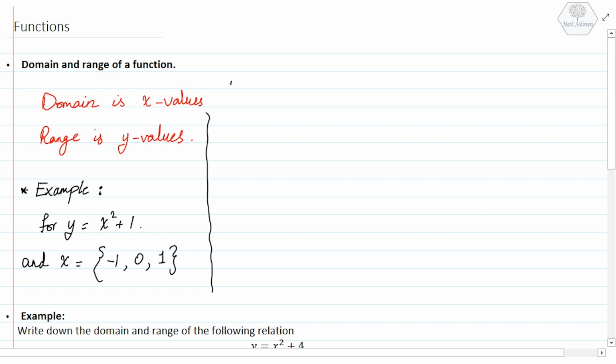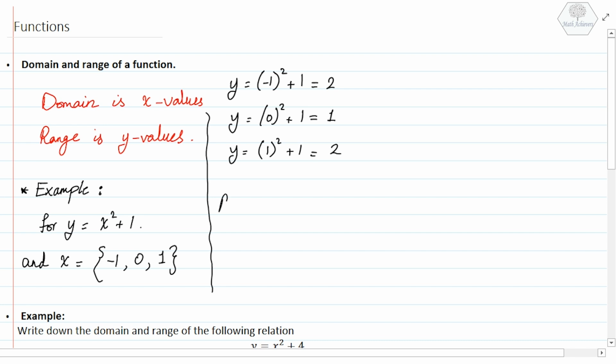So, when x is equal to -1, y would be -1 squared plus 1, and this would be equal to 1 plus 1, which is 2. When x is equal to 0, this is 0 squared plus 1. It will be equal to 1, and when x is equal to 1, this will be equal to 1 squared plus 1, and this will be equal to 2.